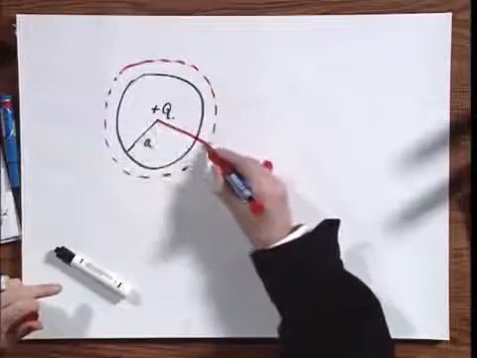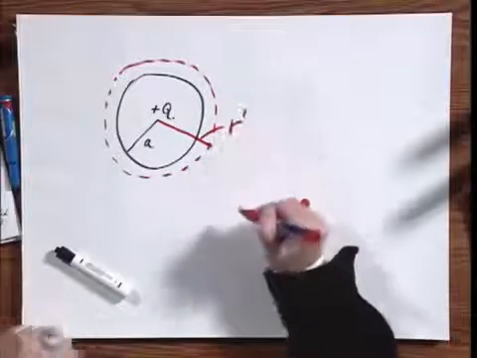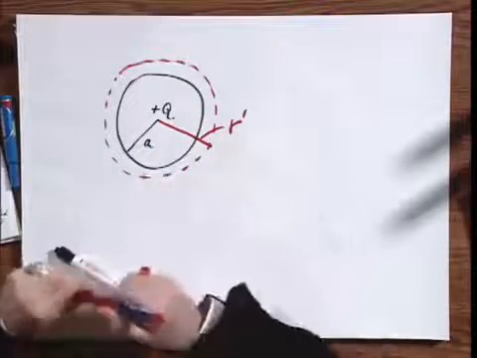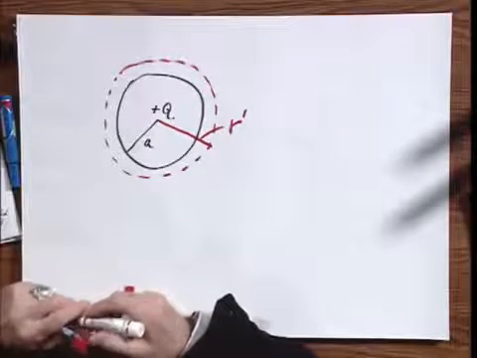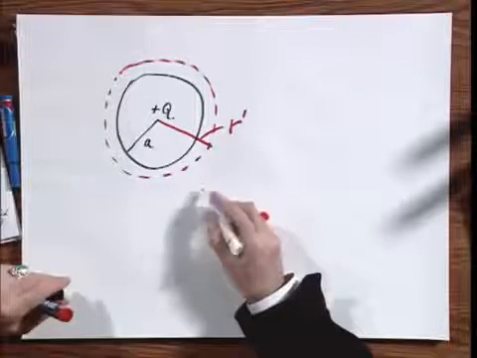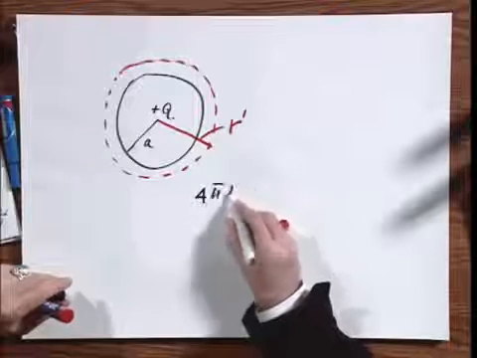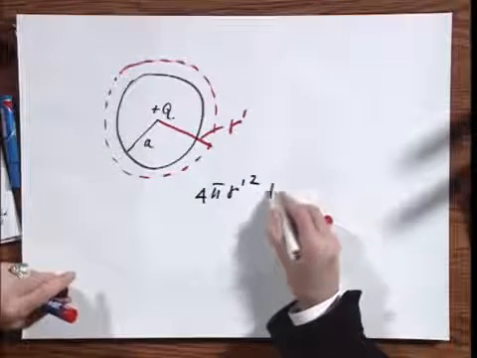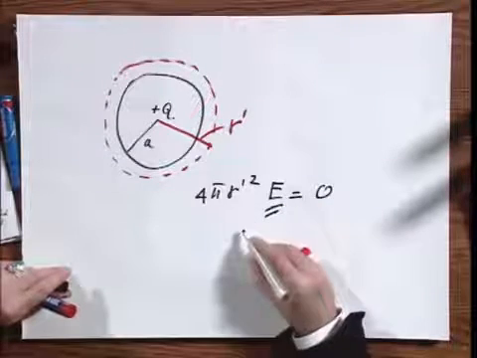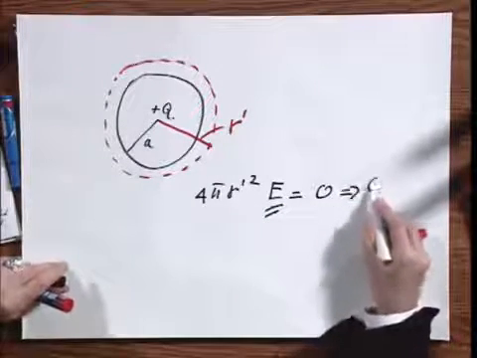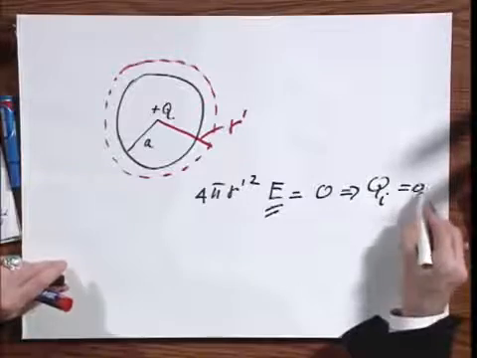So if I take some Gaussian surface r prime, which is slightly larger than A, and I apply Gauss's law, then I find that 4 pi r prime squared times E must be 0, because E is 0. And therefore it follows that Q inside must be 0.